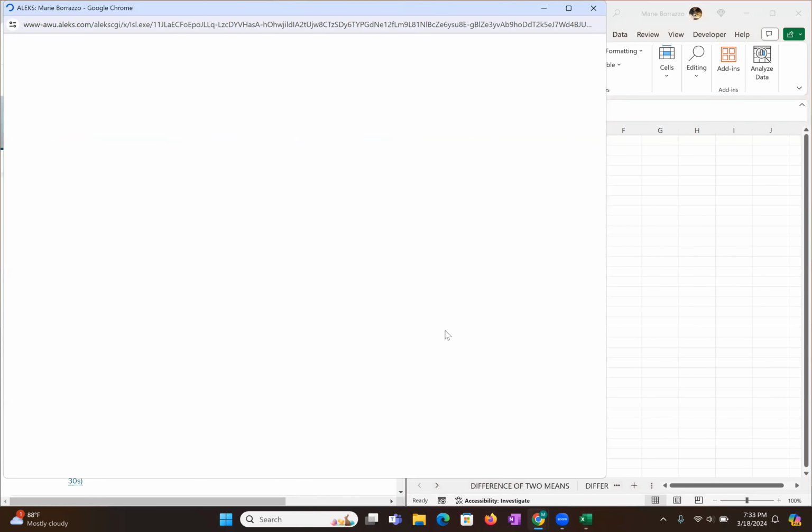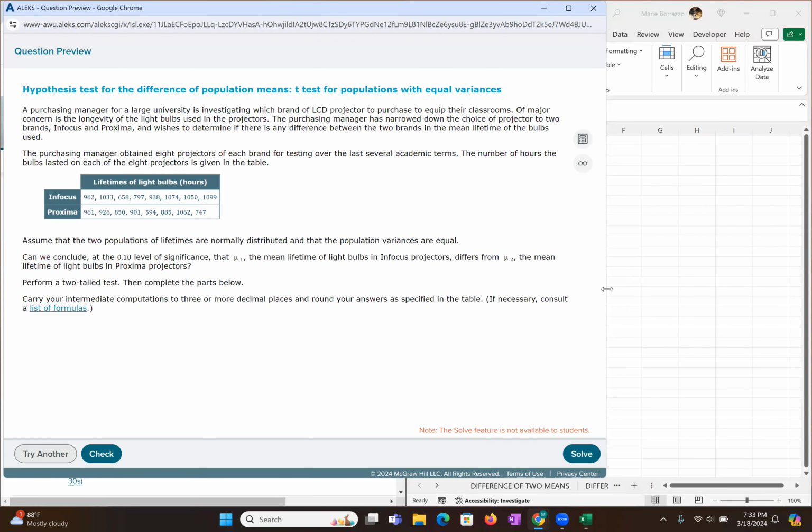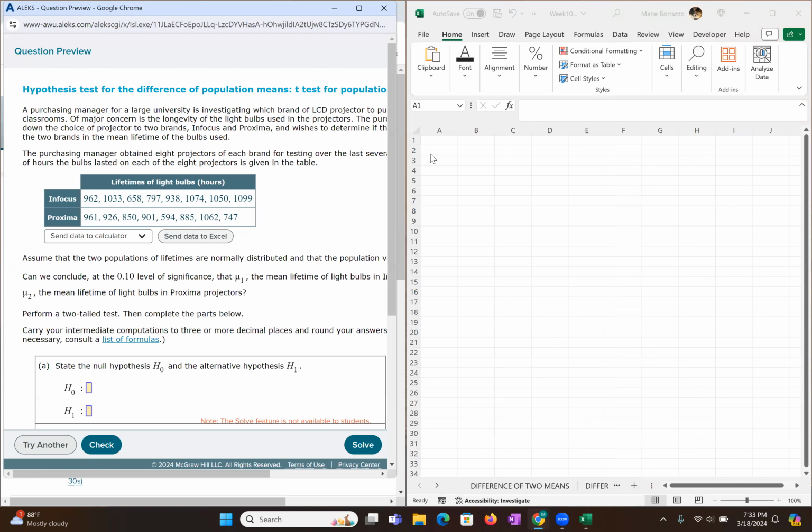So I'll show you this one. And in this one, I have one that has computed data. So if you see, it has the 962, the 1033, and so on. And it has two of these. And so I am not going to send this to Excel. I'm just gonna literally put it in myself.